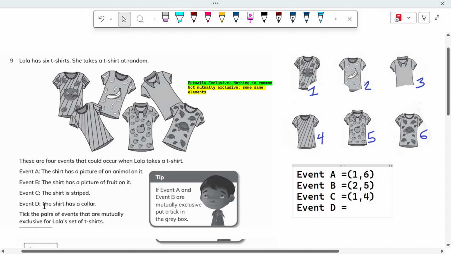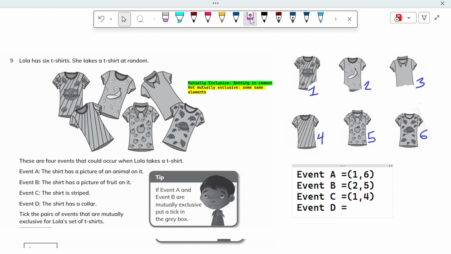Now we are at event D. The shirt has a collar. We just look for the shirts that have collars. So we have shirt 3, which is this. Shirt 3, which is also here. And then we have shirt 5.